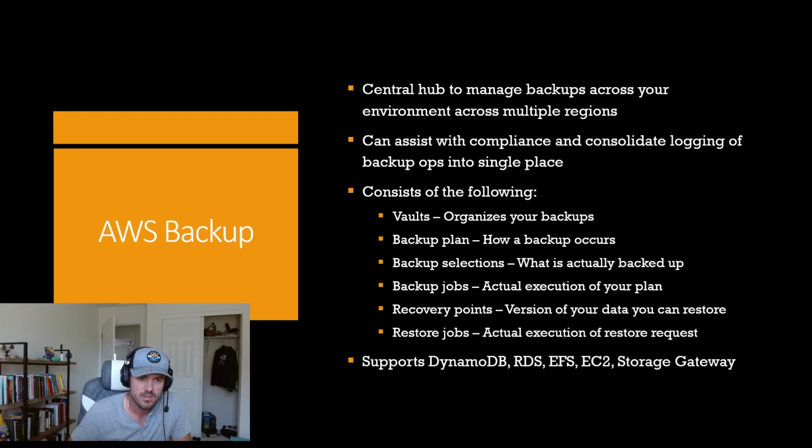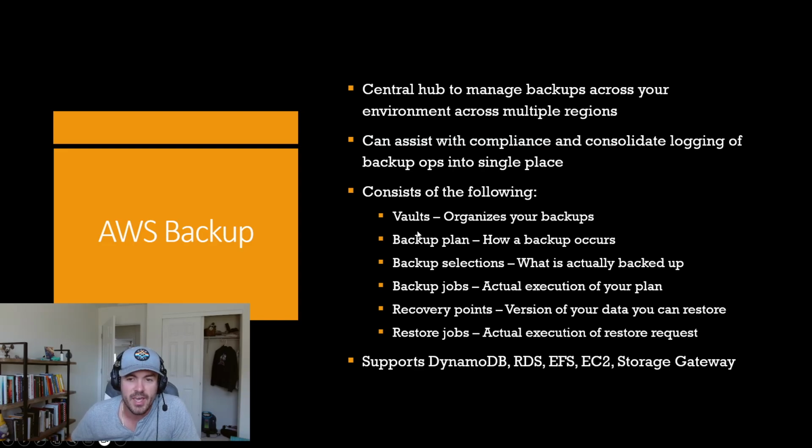All right, so AWS Backup is a central hub to manage backups across your environment, across multiple regions. Okay, you can use it to assist with compliance and consolidate the logging of your backup operations into a single place. And it consists of the following. You've got vaults, which basically organize your backups, similar to a Glacier vault.